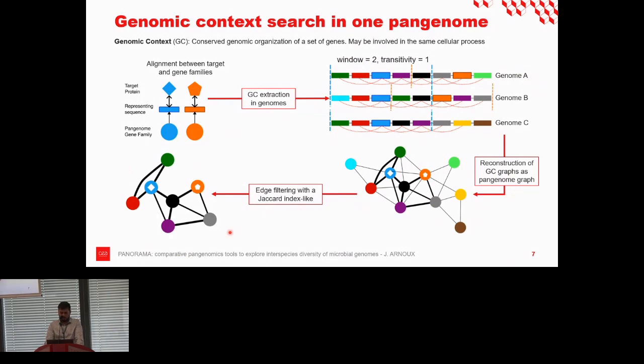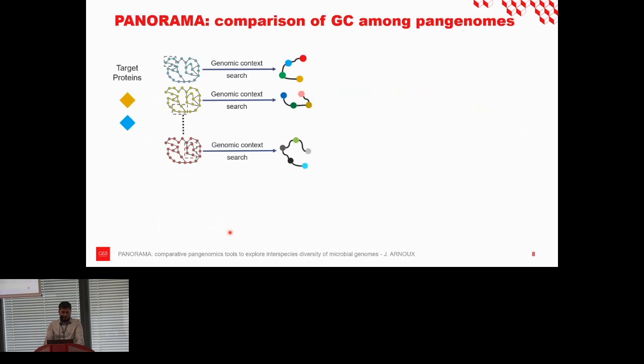and we finally obtain our conserved genomic context. But this analysis concerns only one pangenome at a time, and now with PANORAMA we can do it in multiple pangenomes at the same time. So for one genomic context, we can predict the genomic context in multiple pangenomes.